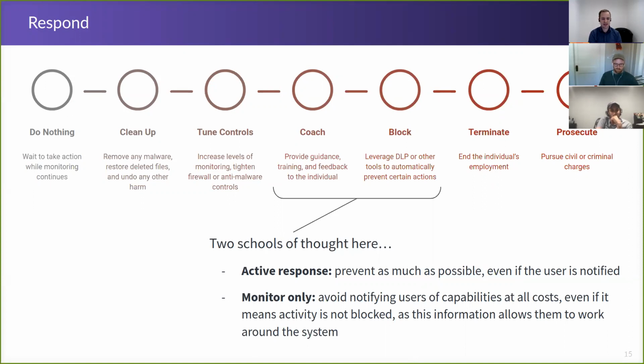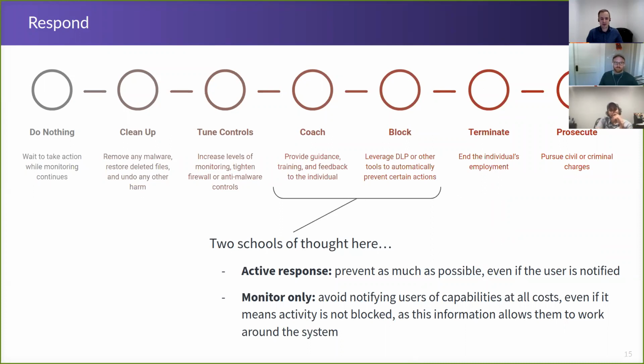The other school of thought is that we want to monitor only, but we never want to alert users to the degree that we're monitoring them or what our insider threat capabilities are. Because once an individual knows what's being blocked and what's not, there's almost always a way to find some sort of loophole or some way around the system. And so it's this thought that it's impossible to harden the exterior perimeter perfectly so that you can't ever have any data loss.